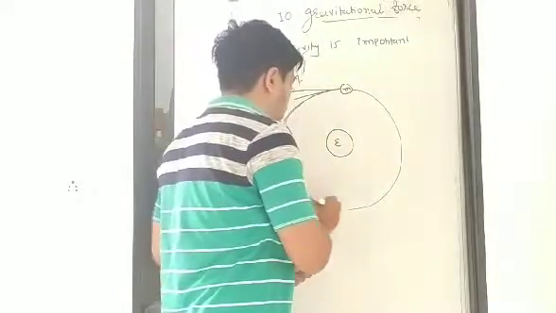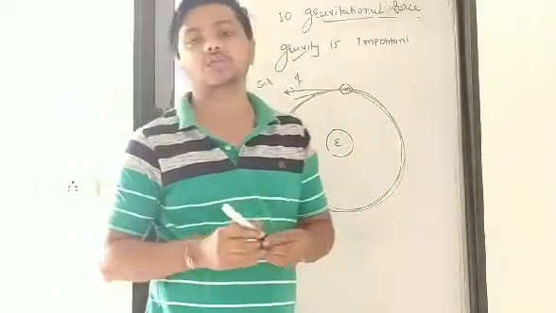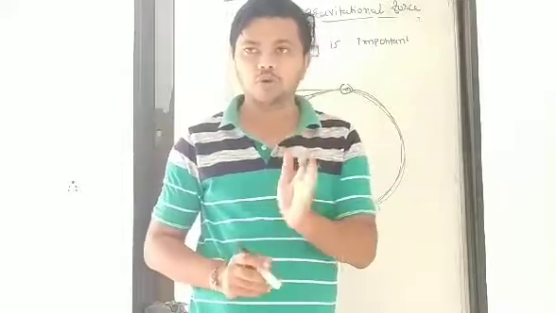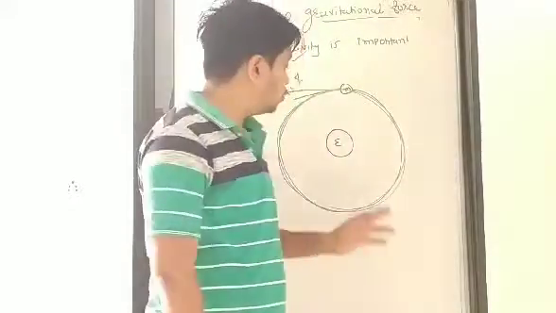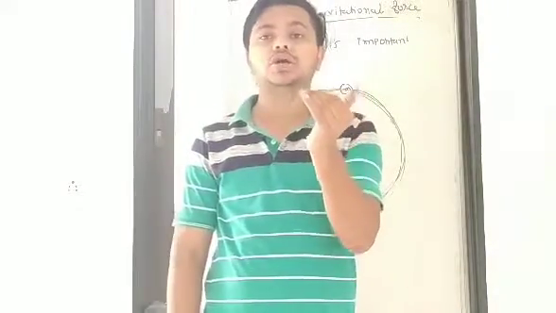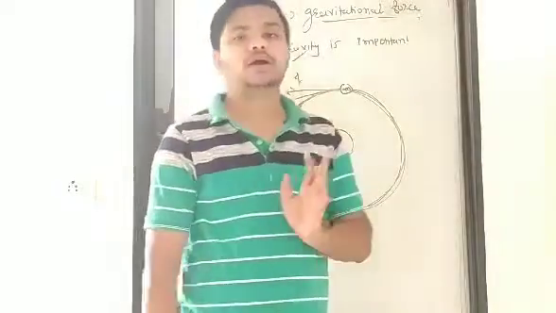Just because of this, the moon is revolving around the earth. Because the moon wants to go in the direction of the tangent, but due to the force of earth, it comes towards the earth and revolves around the earth.